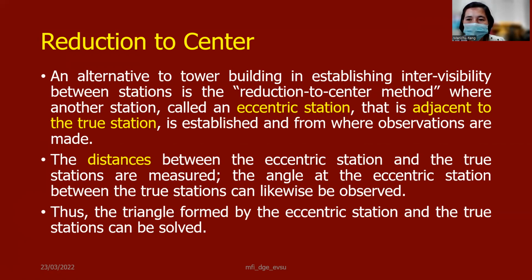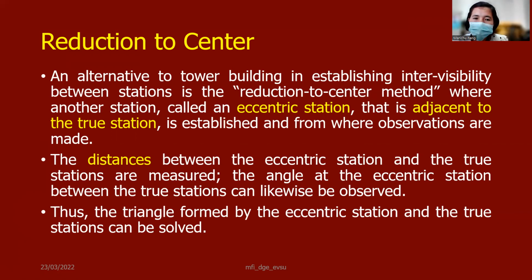So I have here a scenario in which we are going to establish an eccentric station and how we are going to do it. But it doesn't follow all the same formula. We do not follow the same formula, this one. As long as you understand the concept of how the eccentric station is established and how you compute it, then that is only the coverage of this topic.